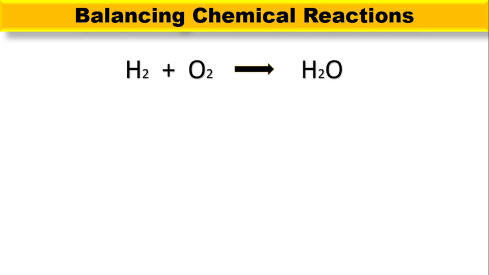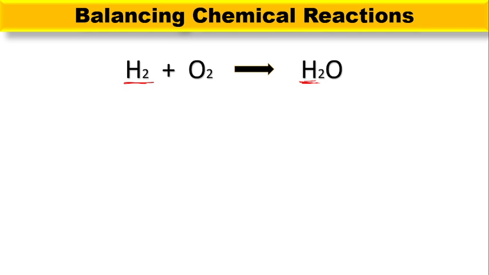Well, the law of conservation of mass simply states that mass cannot be created nor destroyed in a chemical reaction. What does that mean? It means that at the beginning of the reaction, if I have an X amount of hydrogens, at the end of the reaction in the product side, I must have that same amount of hydrogens.